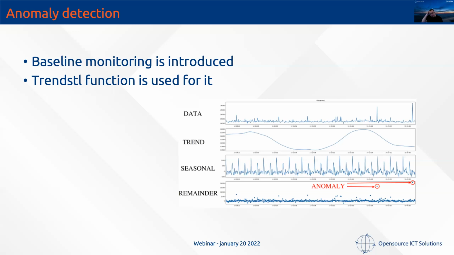And at the remainder, you can see a nice pattern there where there is a steady line around 0. Then there are a few spikes around, what is it, 7,000 or something like that. And that's actually the normal pattern. But at the right side, where those two red circles are, those spikes are completely out of the normal pattern. So Zabbix identifies it as an anomaly.